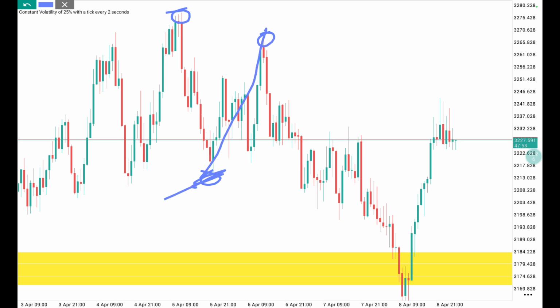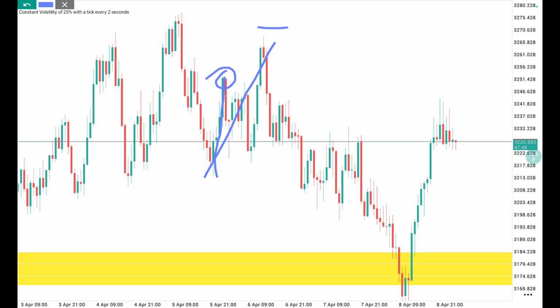Now, why am I saying that from here to here is one swing move? So look, from here to here, this is not a new high. It didn't clear this. And if you look into it, when we traded down, we were able to clear it, putting up a new high.